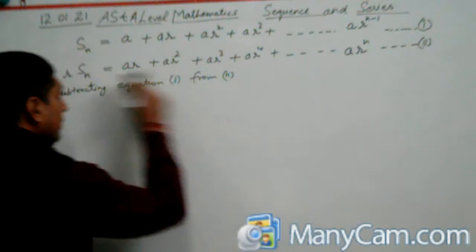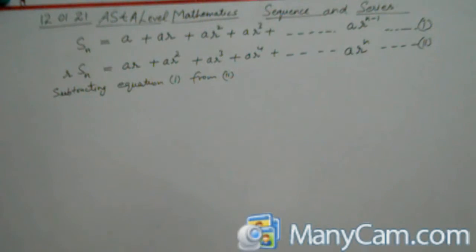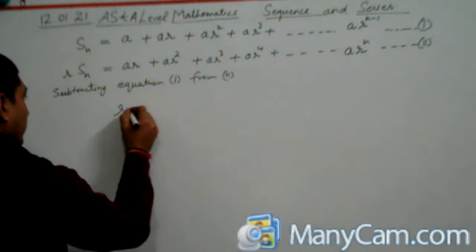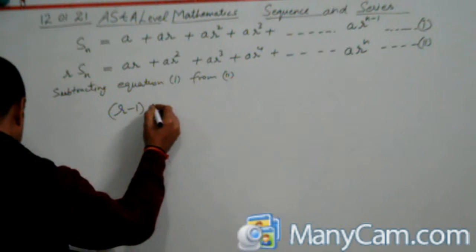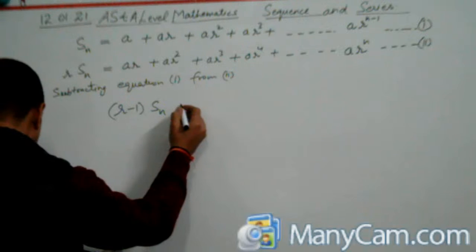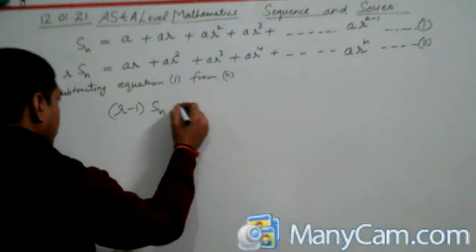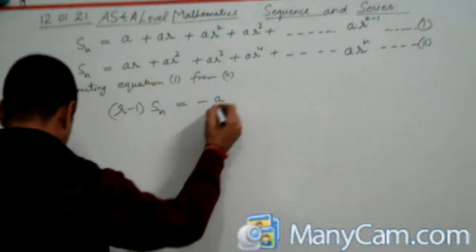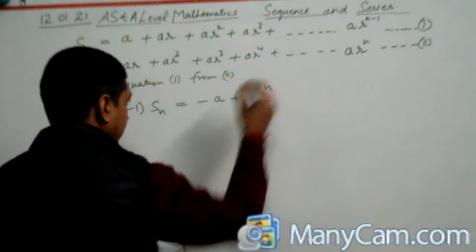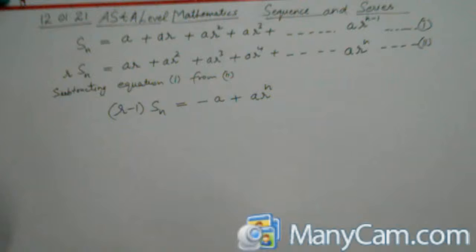what we get is, when we subtract 1 from 2, it gives (r minus 1) into Sn is equal to minus a plus ar raised to power n.